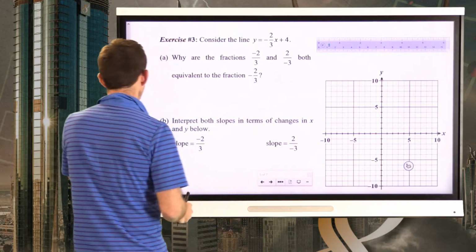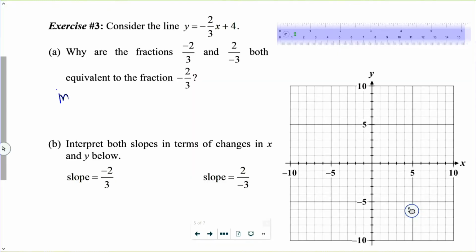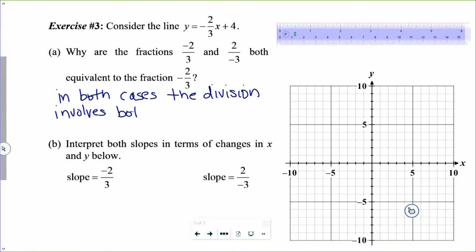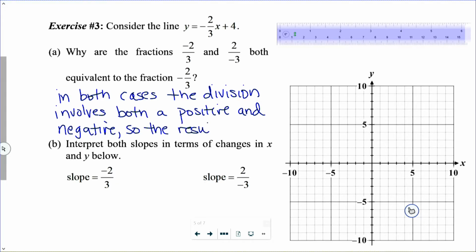So maybe we can just summarize by saying, in both cases, the division involves both a positive and negative, so the result is negative.